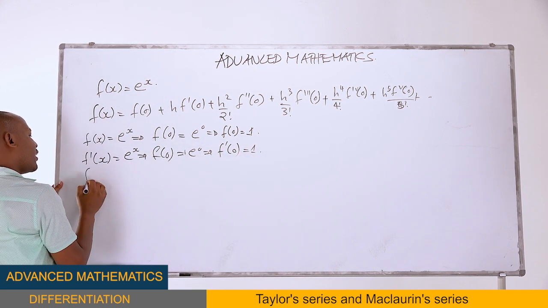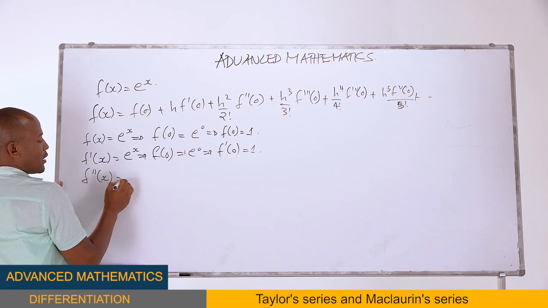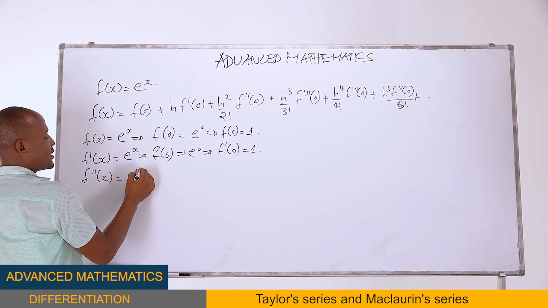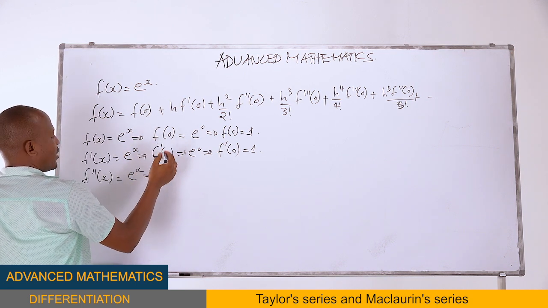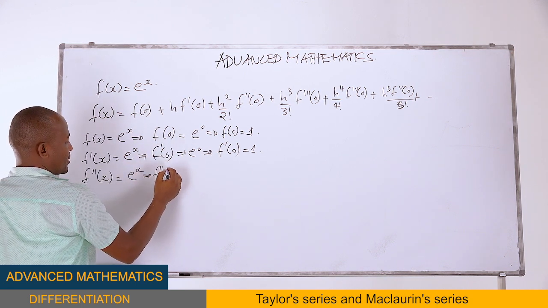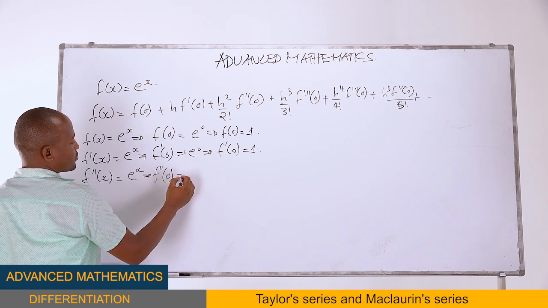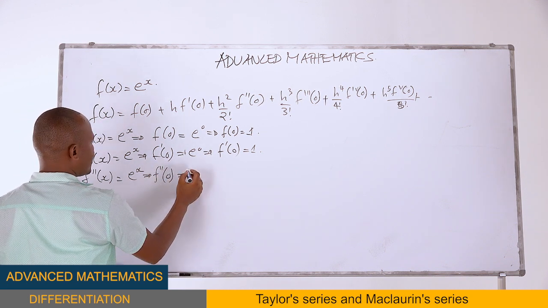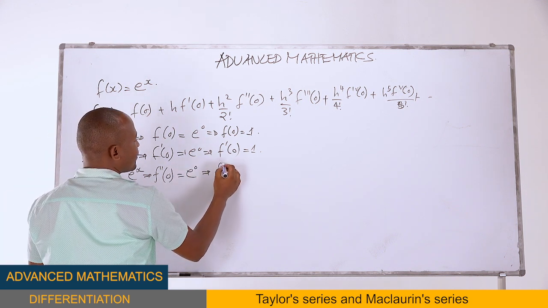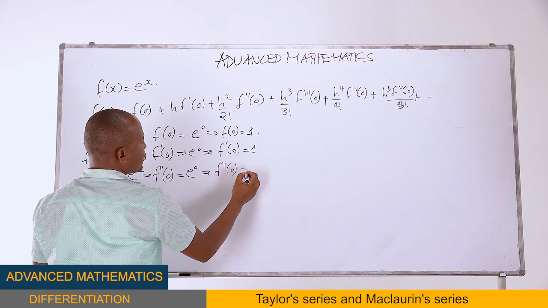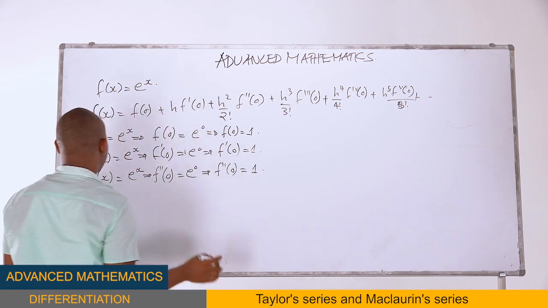So let's go. The second derivative will be the same, e raised to x. So it's like some kind of a joke. The second one, that is to say, this is e raised to 0. So we have the second derivative at 0, that is 1.